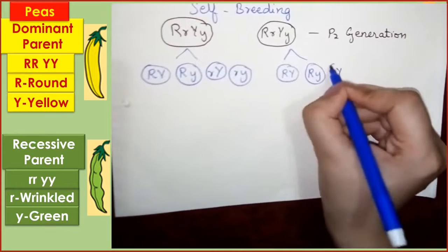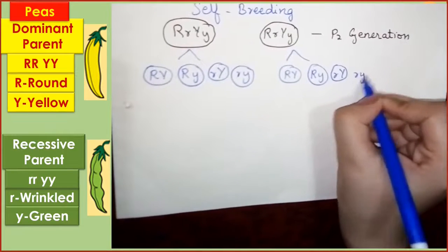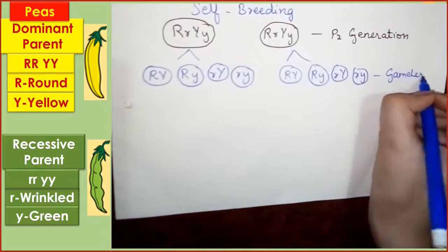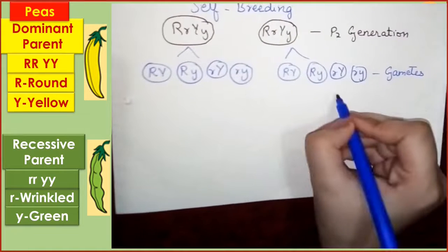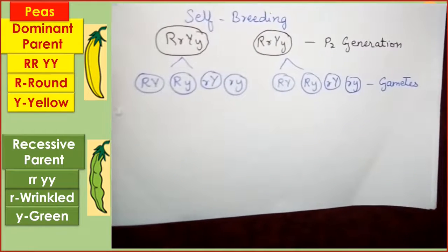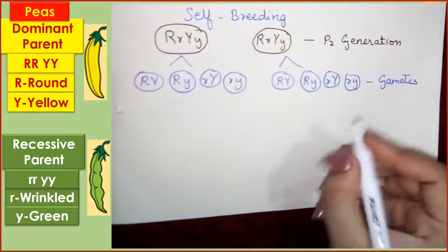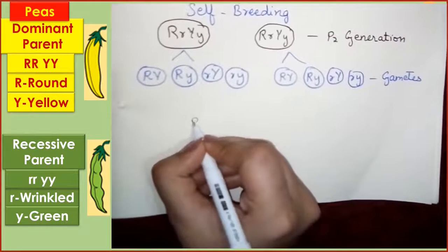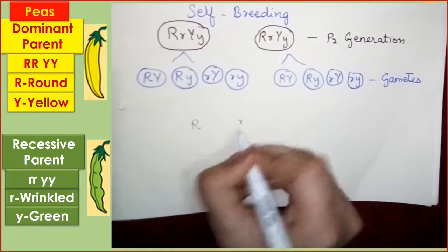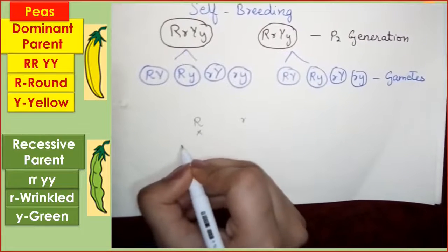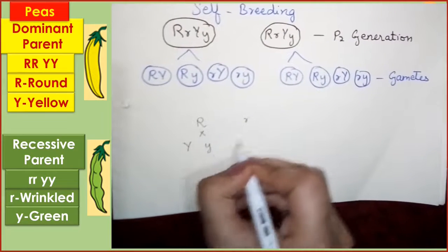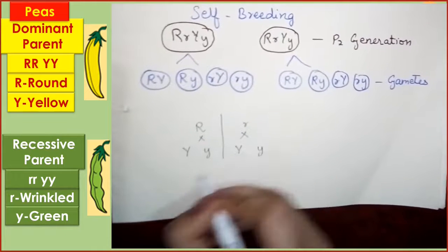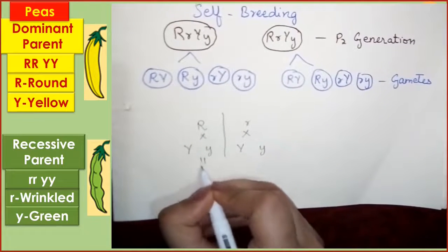As there are two characters in the case of independent assortment, it is difficult to make the gametes. So here I will tell you how to make gametes and how to make a cross between them. Take one character, capital R on one side and small r on the other side, and cross it individually with the other character.